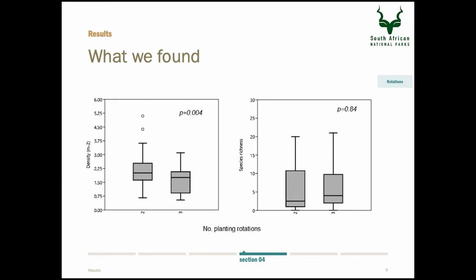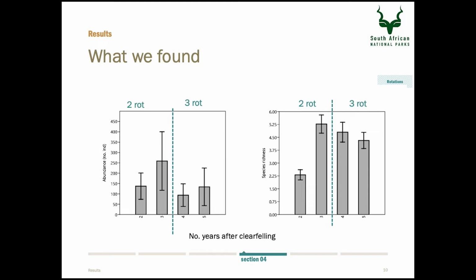But going deeper and looking at recovery in terms of the number of years after clear felling, you do see that density or abundance, on my right, was significantly different. It was much lower if you look at the sites that are 2 years and 3 years after clear felling, and then you look at the sites that are 4 and 5 years after clear felling, you can see the difference.